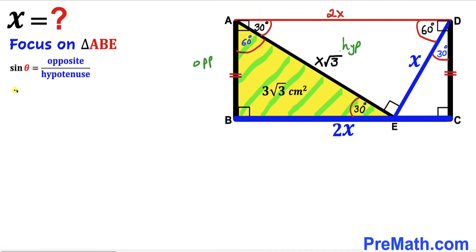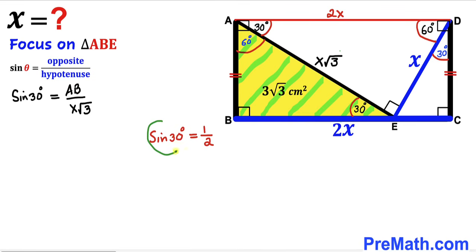So therefore, sine of angle 30 degrees is going to be equal to our opposite side, AB length, divided by our hypotenuse, which is x times square root of 3. And now we know that sine of 30 degrees is 1 divided by 2. So therefore I am going to replace this sine of 30 degrees with 1 divided by 2.